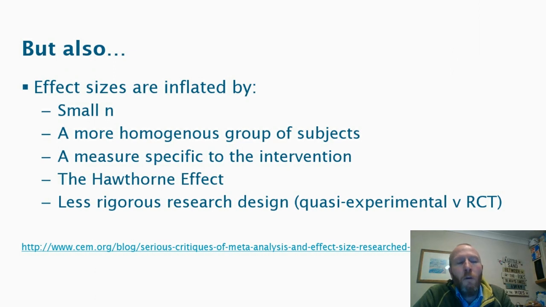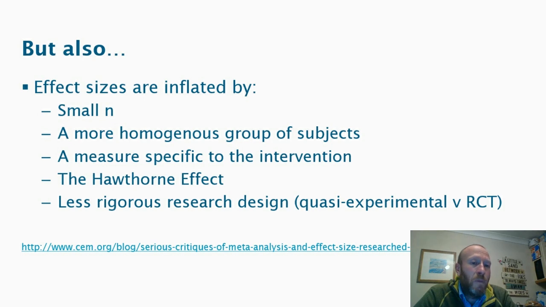But also there's a whole load of other things that tend to increase effect sizes, and you'll see quite big effect sizes quoted in education literature, and often they're really not like that. So there's a list there of things that tend to produce big effect sizes just as a result of research design. One is a small sample size, a small number of participants.